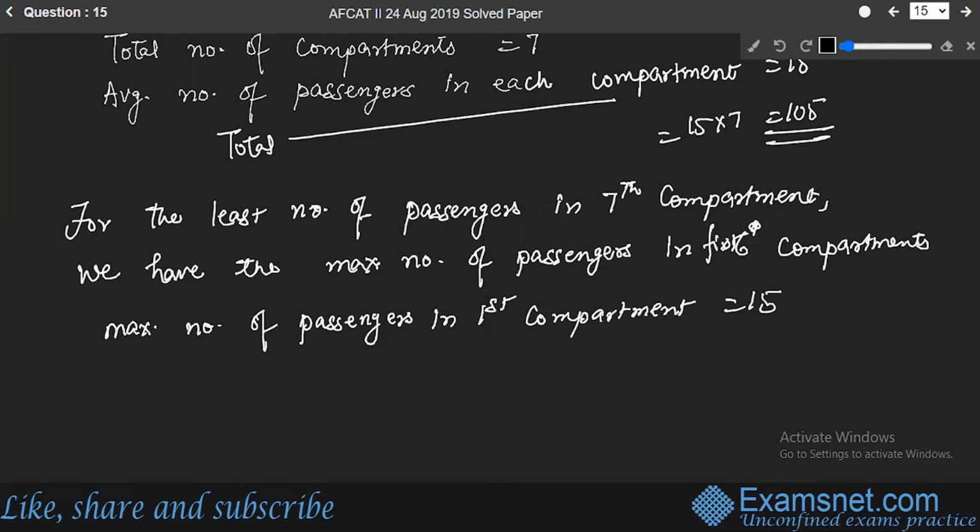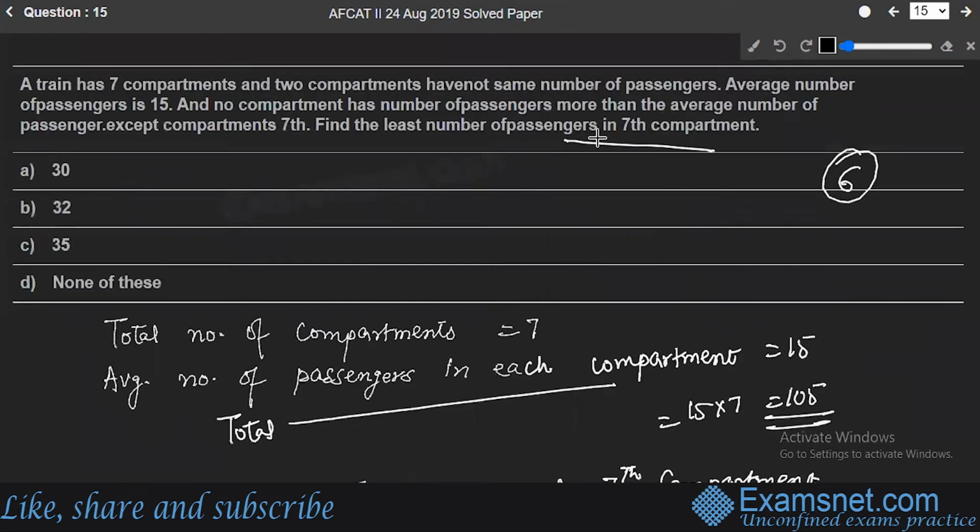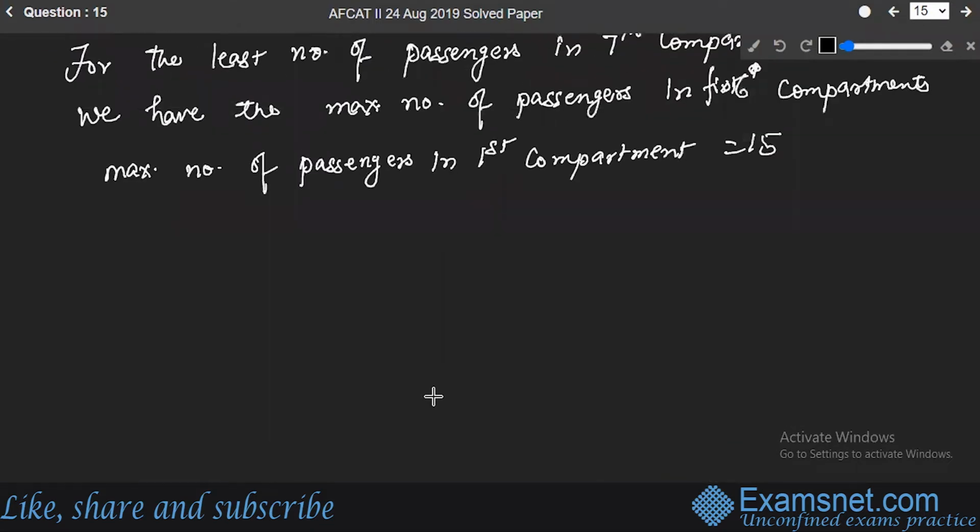Why is 15? Because already in the question he has said, no compartment has the number of passengers more than the average number of passengers. So that means first compartment, how many maximum number of passengers are possible is 15. Okay, and also no two compartments are having same number of passengers. Therefore, maximum number of passengers that are possible in the second compartment is 14.